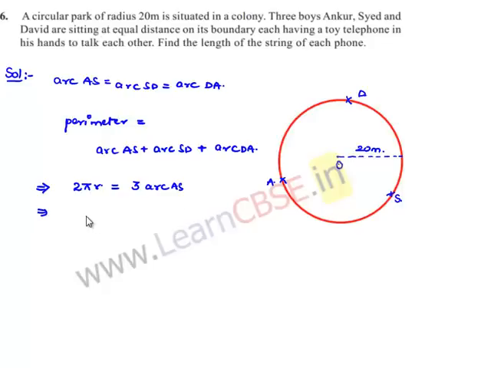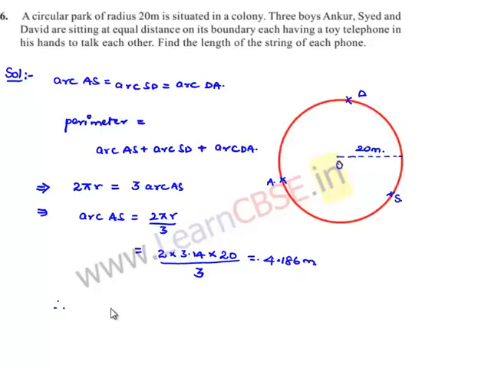Which implies arc length of AS is equal to 2 pi r by 3, that is 2 times 3.14 times 20 divided by 3, which is 41.86 meters.